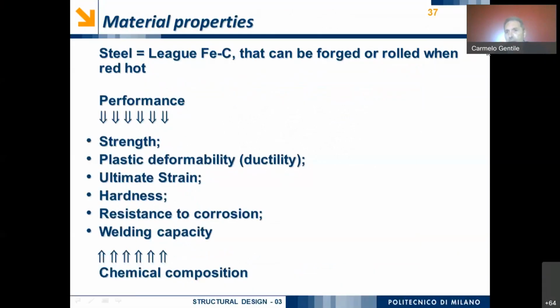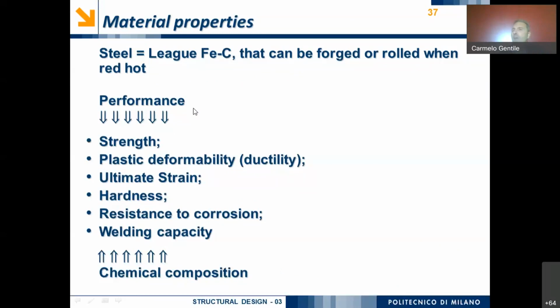I have already shown this to you because we are talking about the properties of steel structure, and we have seen that the properties of steel structure are basically related to the chemical composition of the steel.